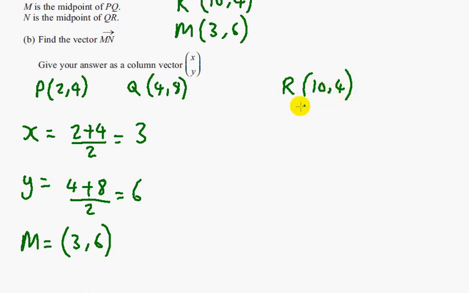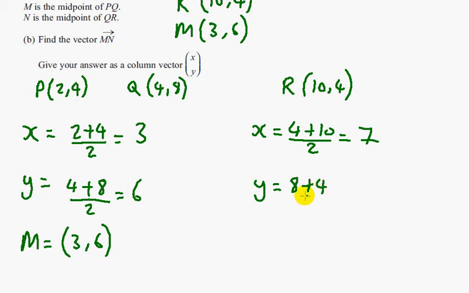So the x value of the midpoint of QR is going to be 4 add 10 divided by 2, which is 14 divided by 2, which is 7. And the y value of the midpoint is going to be 8 add 4 divided by 2, which is 12 divided by 2, which is 6. So N, the midpoint of Q and R, is going to be (7, 6).